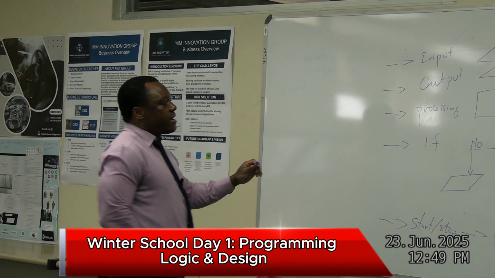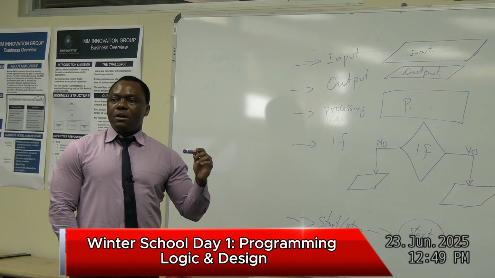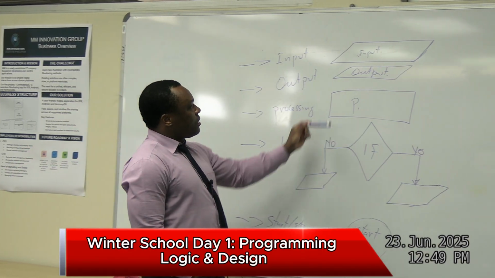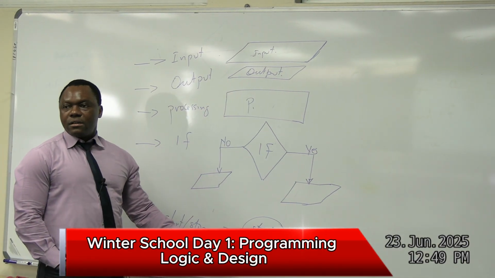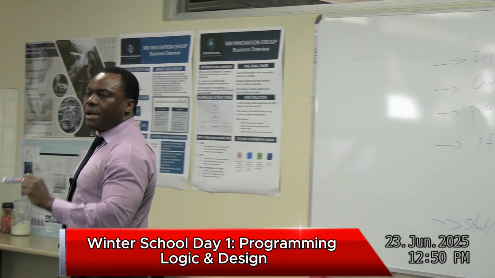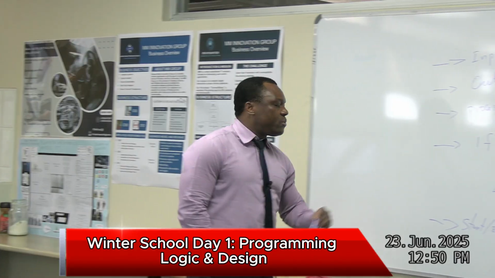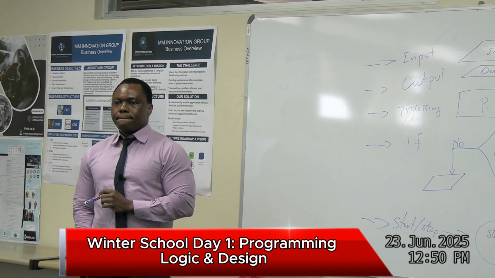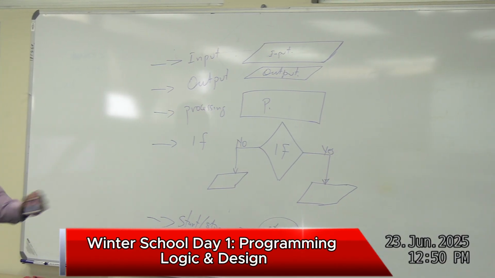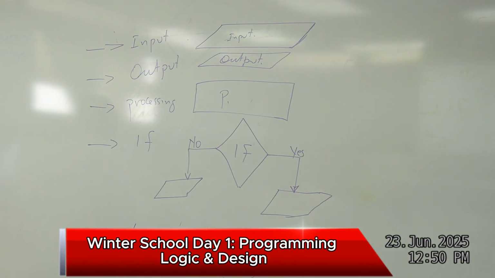When you are representing your algorithm in terms of flowcharts using diagrams, you have to know which shape is used for input, which shape is used for output, which shape is used for processing, which shape is used for the if condition, and which shape is used for start and stop. Is that clear? Any questions in terms of the shapes? Perfect.